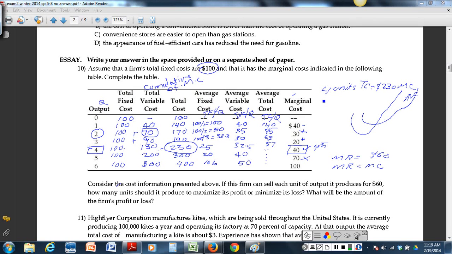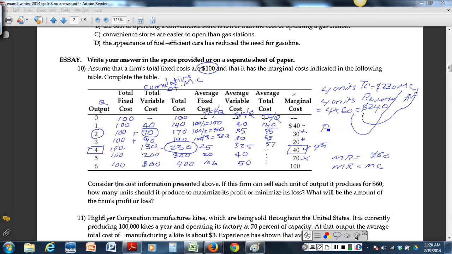What is the 4 units revenue? Revenue. How much is that? That is equal to 4 times, we said each unit brings about $60 in revenue. So times 60, that's about $240.